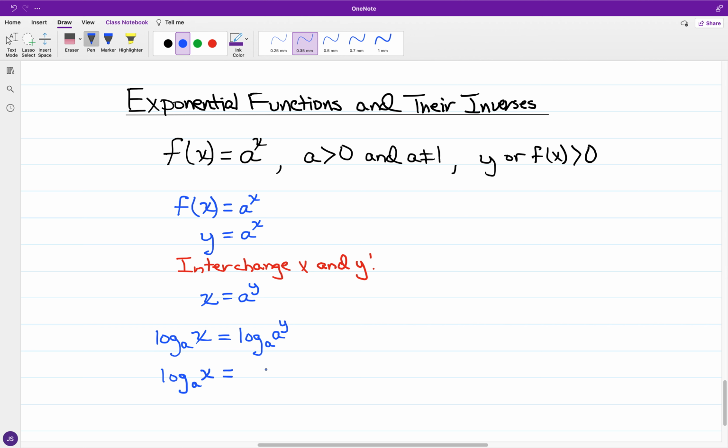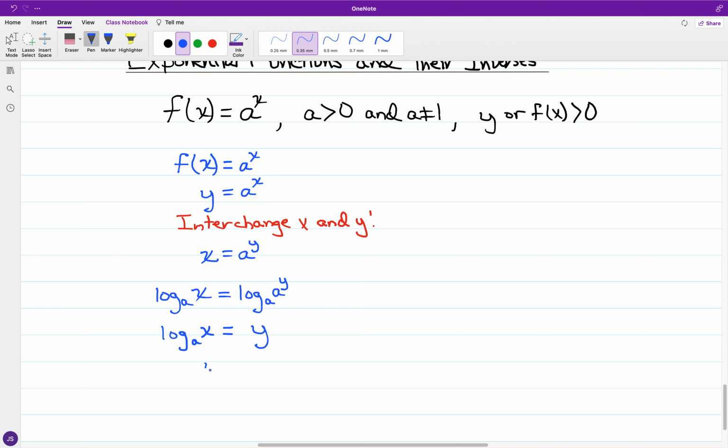So the base a logarithm of a to the y just brings the y down, and that's the entire right-hand side. So we have y is equal to the base a logarithm of x, and in the case of the formal inverse, the inverse of f of x is equal to the base a logarithm of x.